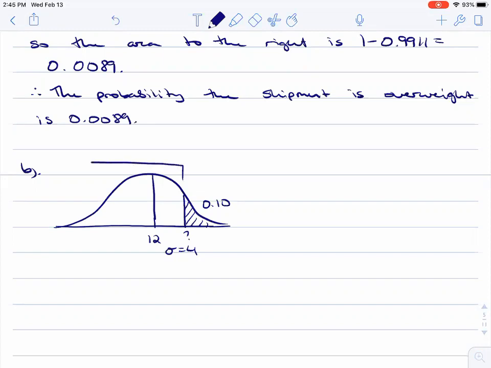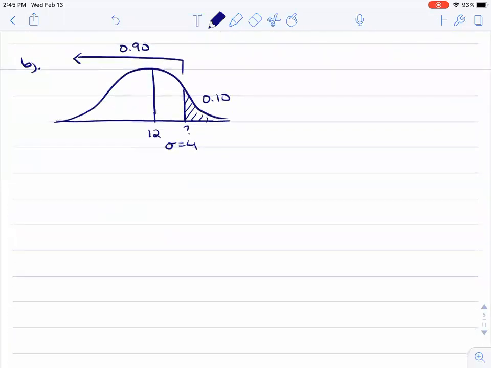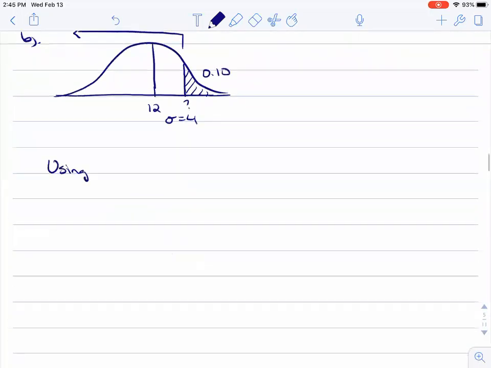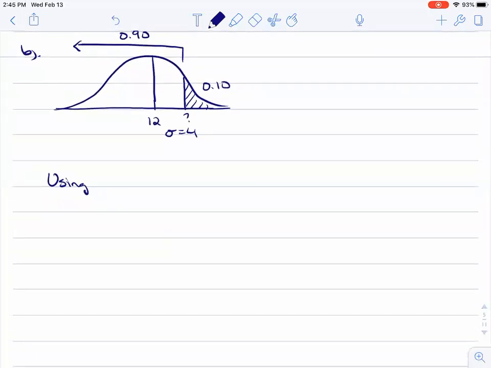So here, this area is 0.90. Again, I'm just going to write out my work using the Z table. We find the table entry.